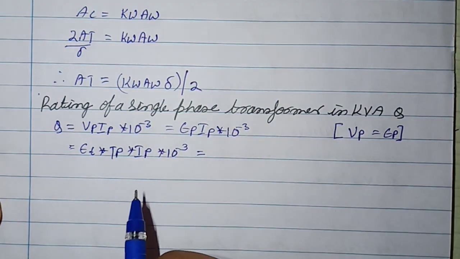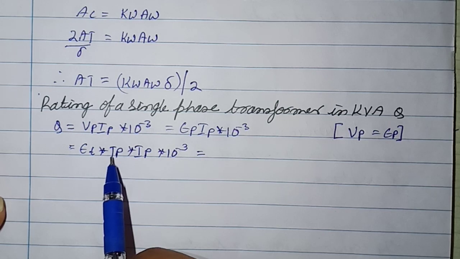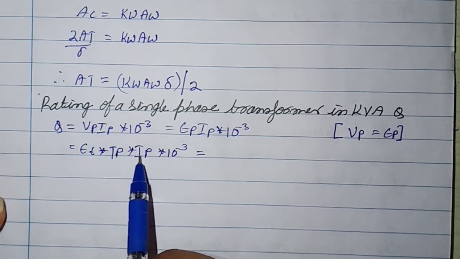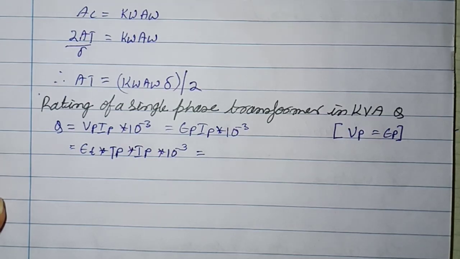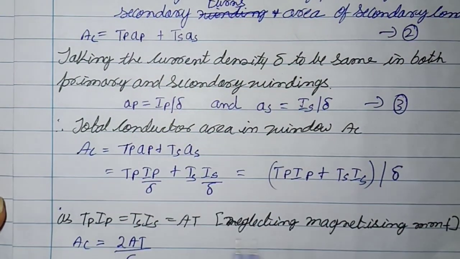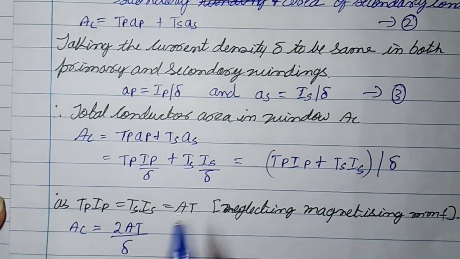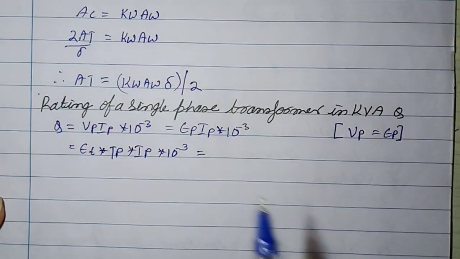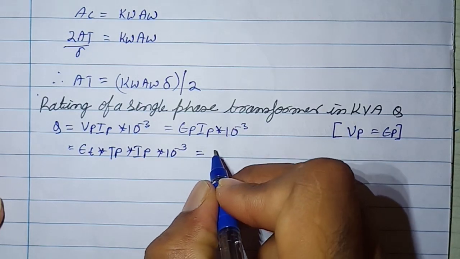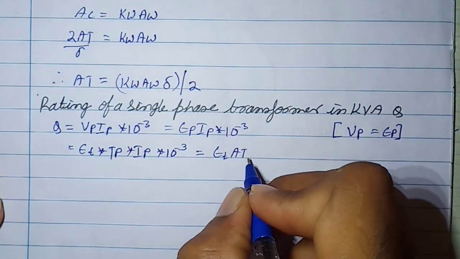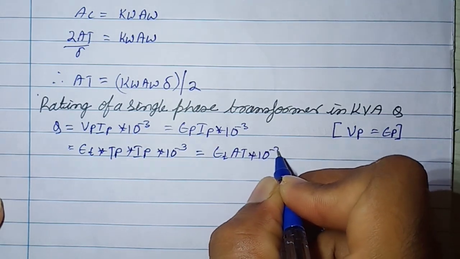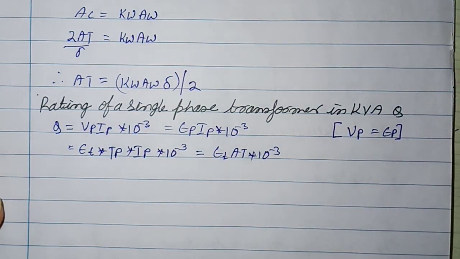So we will be substituting for this Tp into Ip, which we have already taken. From this we have Tp Ip is equal to AT, that we will be substituting here. So it is Et into AT into 10 raised to minus 3.